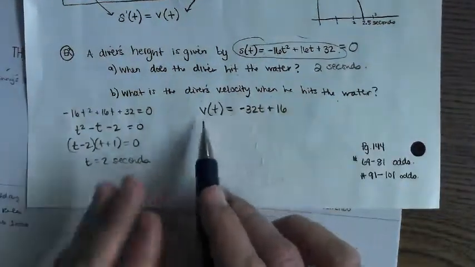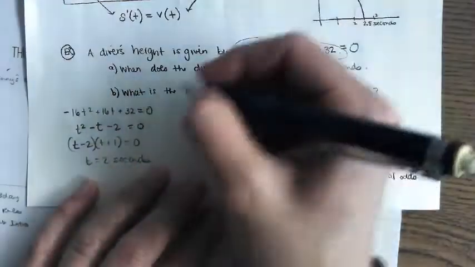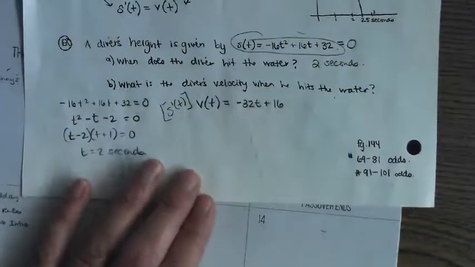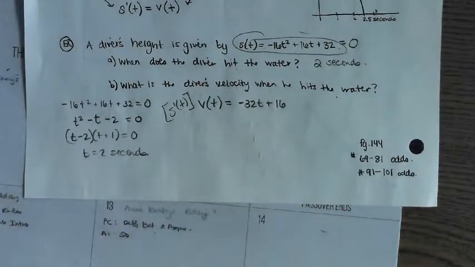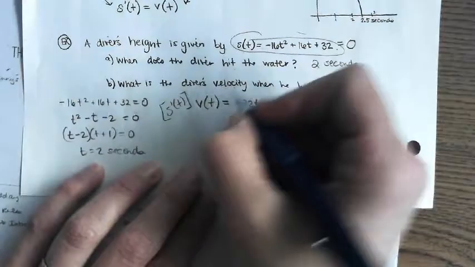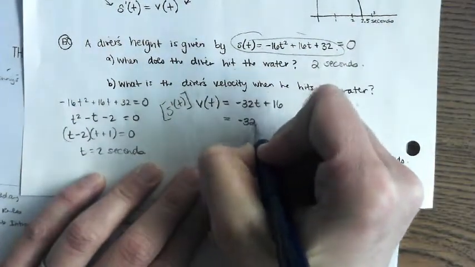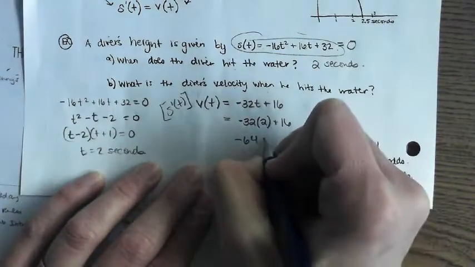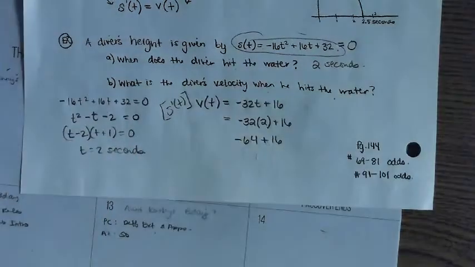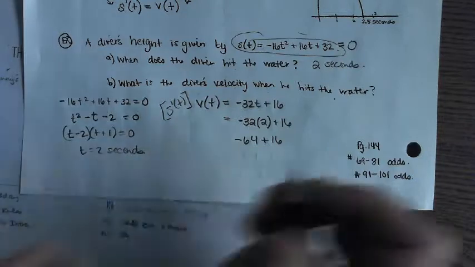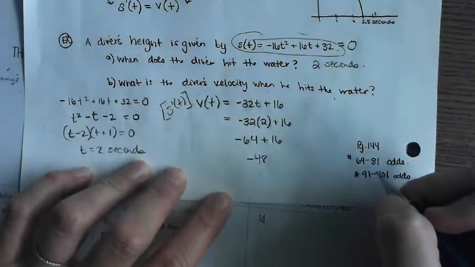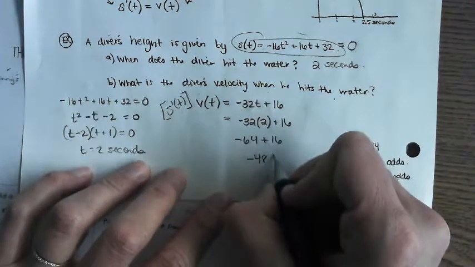This formula, which I'll put in parentheses as s prime of t, gives us our velocity at any time. So right when we hit the water: negative 64 plus 16, negative 48. Oh, we don't have units, meters per second, we'll say, sure.